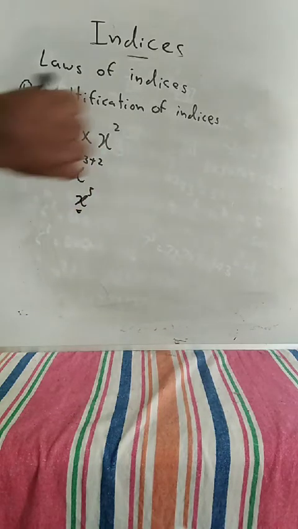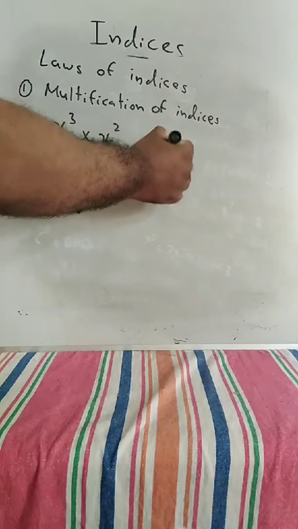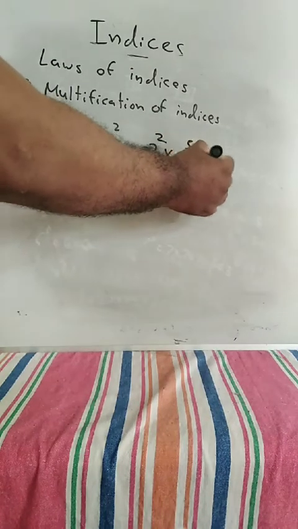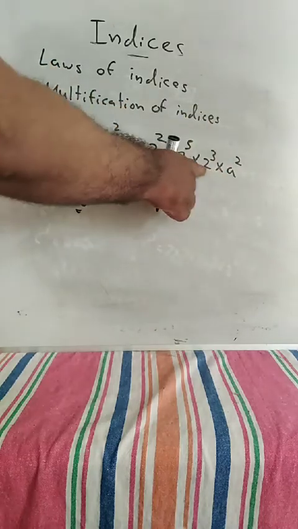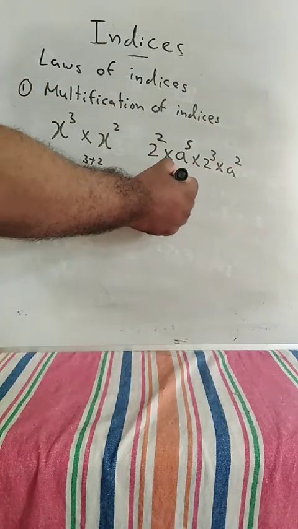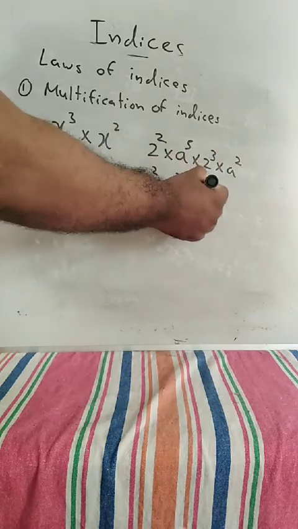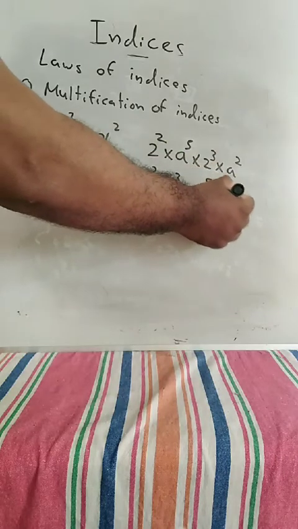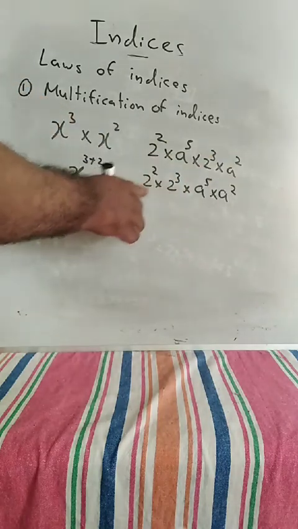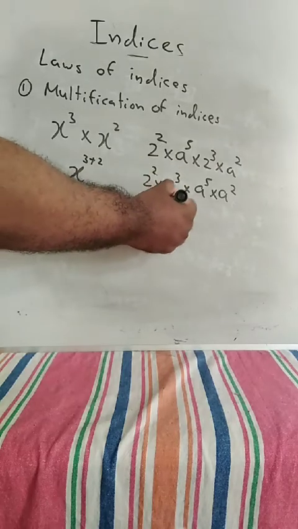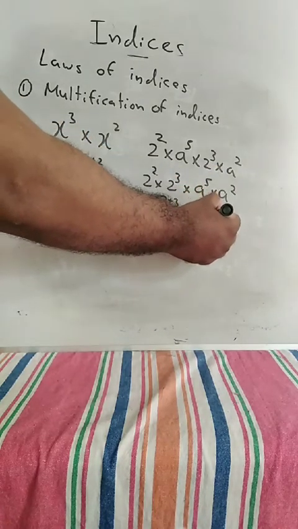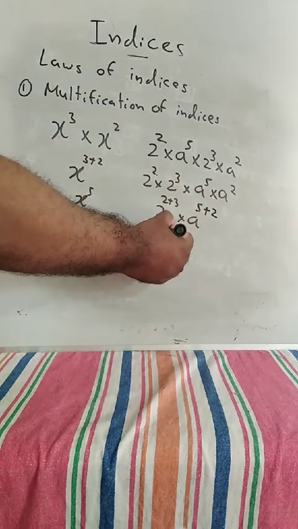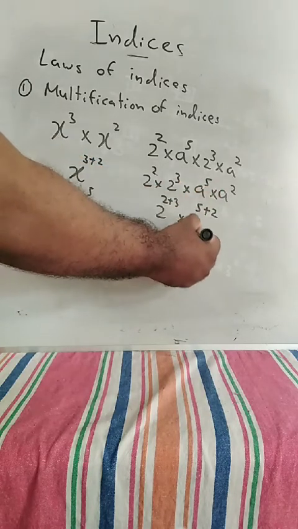Understand? Another one. 2 to the power 2, a to the power 5, multiplied by 2 to the power 3, a to the power 2. Here 2 and 2 are the same base, no? Then 2 to the power 2 and 2 to the power 3, add 2 plus 3, 5. Here a, 5 plus 2, 7.